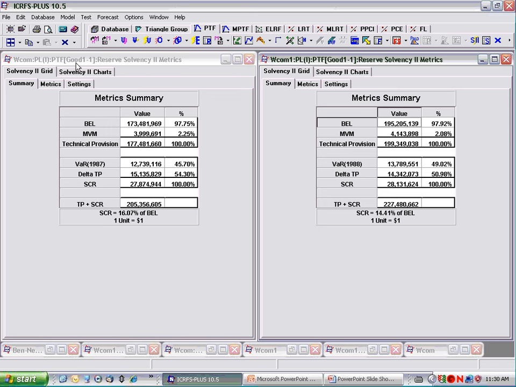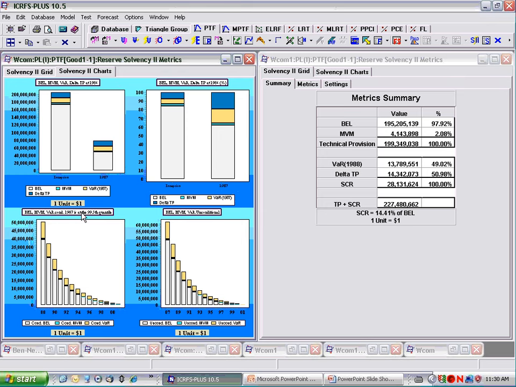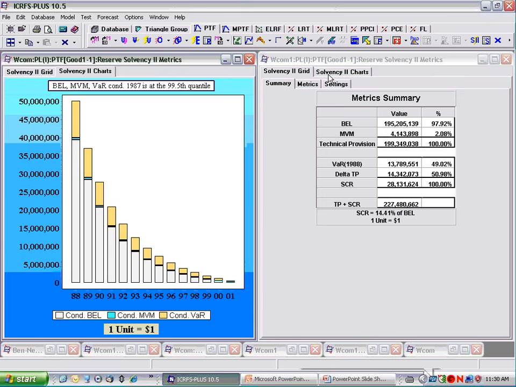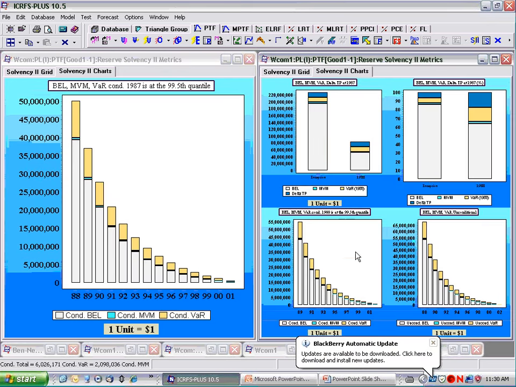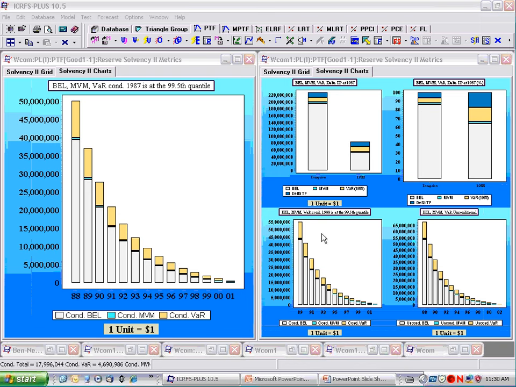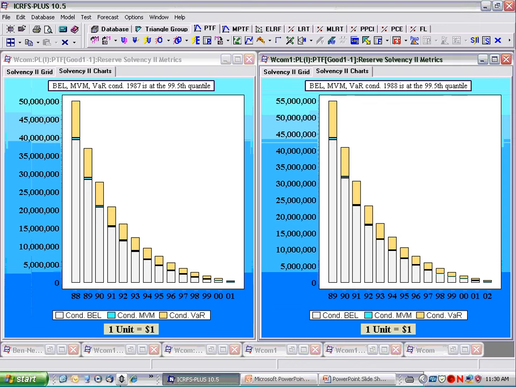If you look at the solvency charts, compare that to that. You'll notice that when you're looking at the conditional Bells, MVMs, and VAR given the first year in distress, this is at the end of 87 vis-a-vis 88, there's in these graphs about a 10% increase.